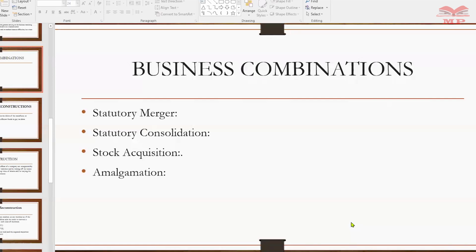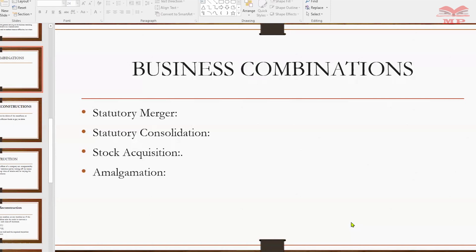You give us this amount of shares in order for you to acquire stake, or we pay off your creditors, we pay off any other issue that may arise. And the purchasing company survives in this process.